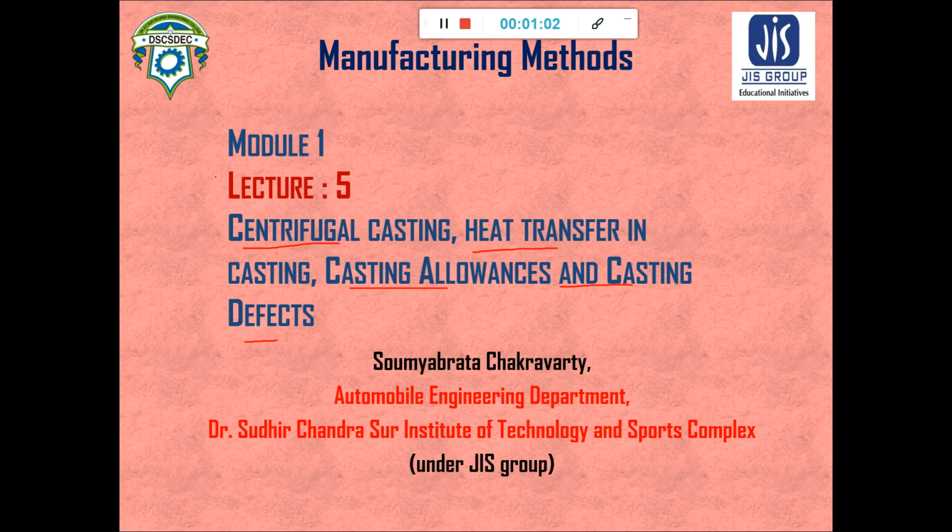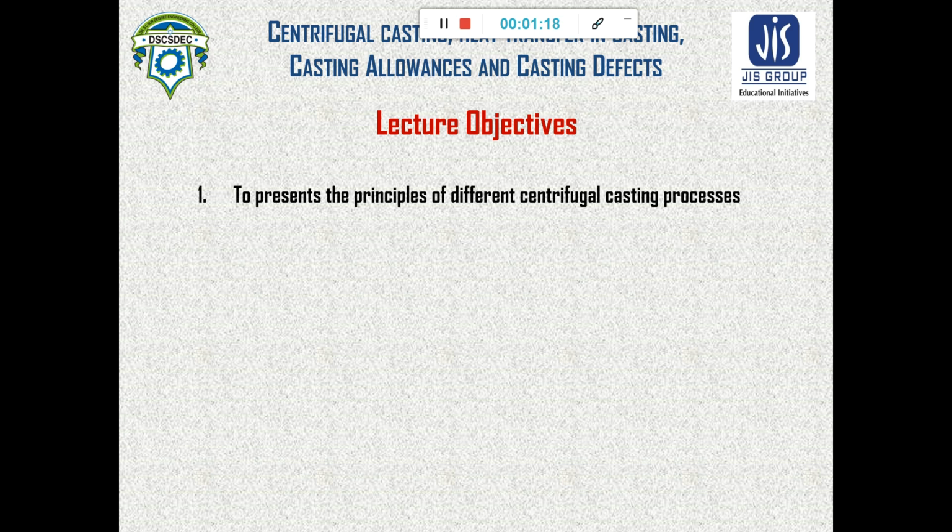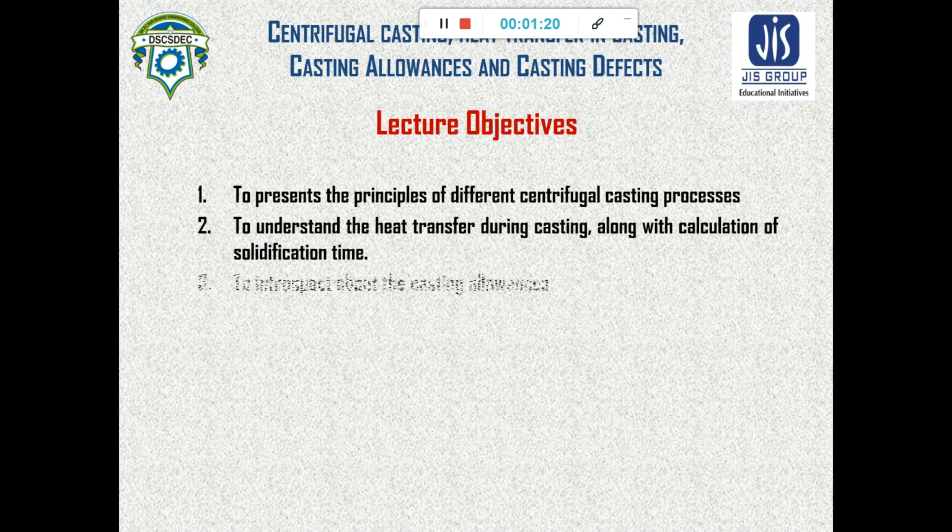Along with the previous four lectures, this is the fifth lecture and this will be the end of our topic about casting. This lecture will be the end of our module 1, that is casting. The lecture objectives are to present the principles of different centrifugal casting processes.